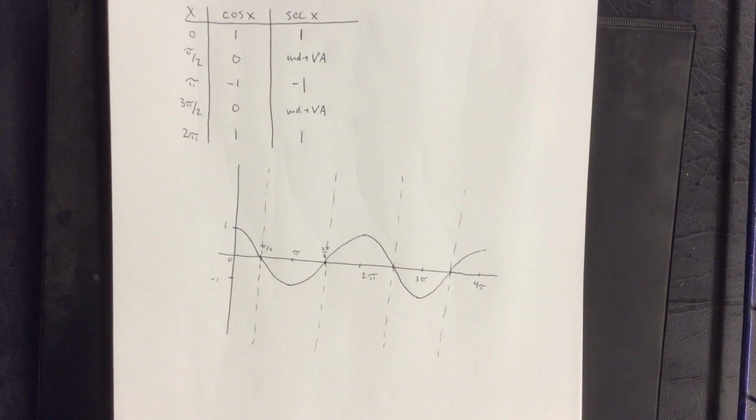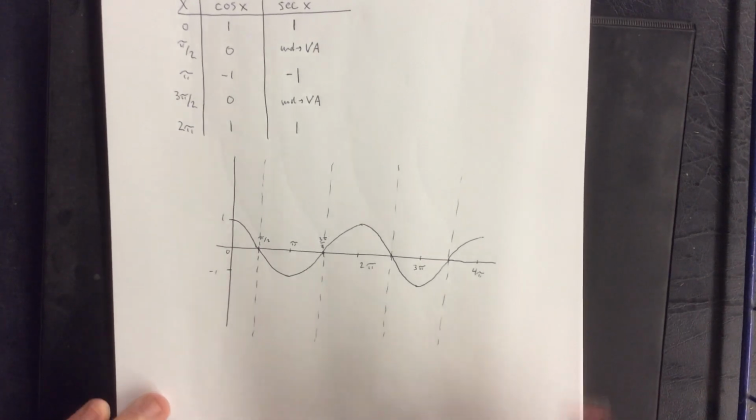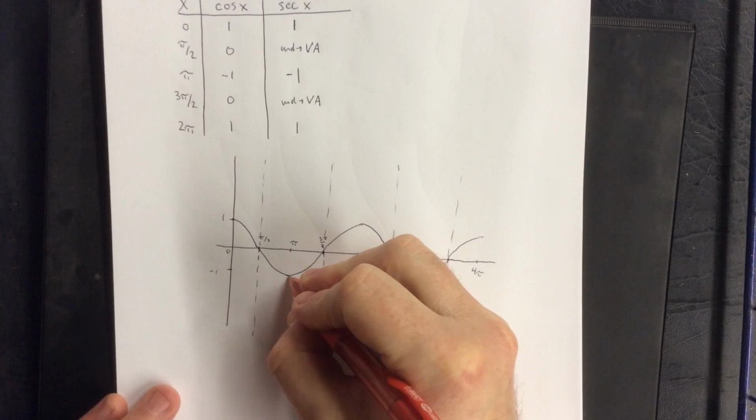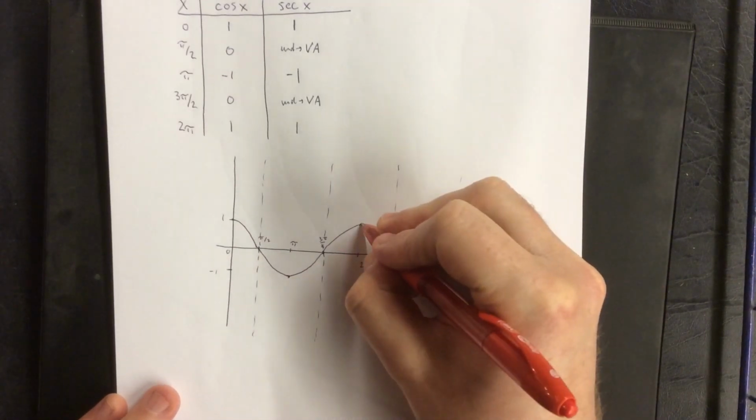So I'm going to switch over to red. Red seems good. So wherever the cosine had a local maximum or a local minimum, the reciprocal of that wound up being the exact same thing.